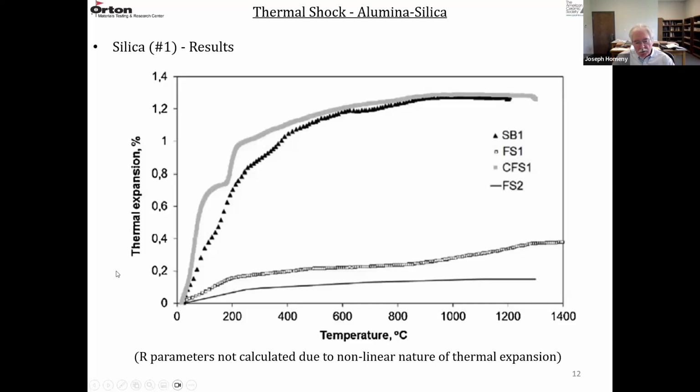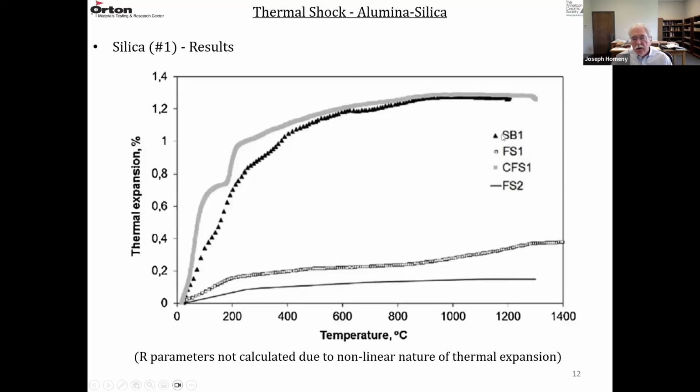So thermal expansion was measured as a function of temperature. And this goes from 0 to 1.4% and 0 to about 1400 C. The solid line, and then this line of the small squares are FS1. The solid line is FS2. So these are the amorphous materials. So their expansion is quite low.